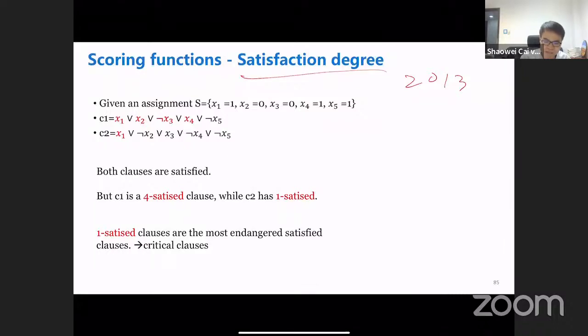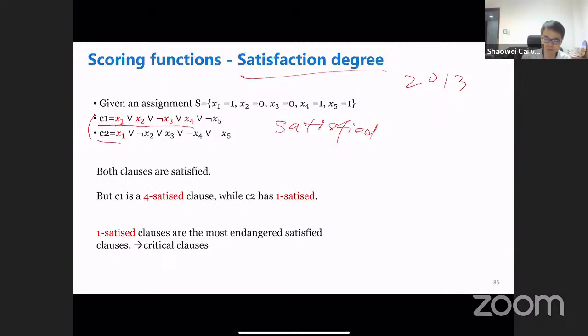For example, consider this assignment. We have two clauses here, and both of them are satisfied. But they are satisfied in different strengths, right? Because in clause 1 we have four true literals, so it's very safe. But in clause 2, there is one true literal, so it is in danger.